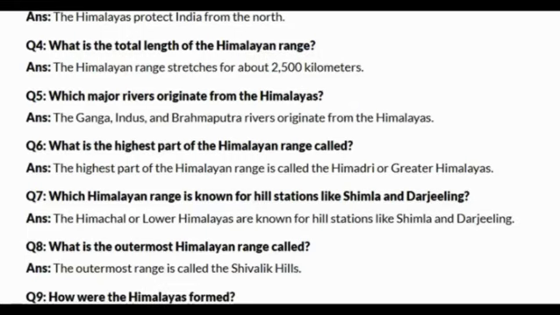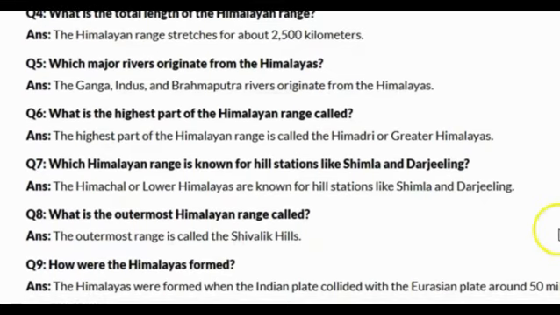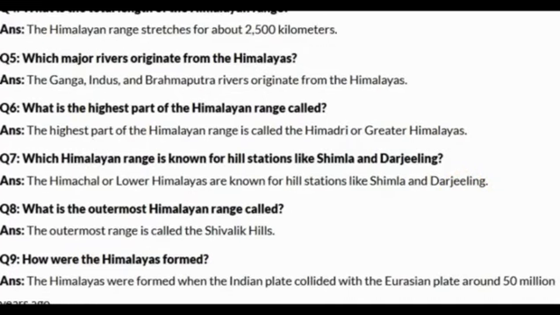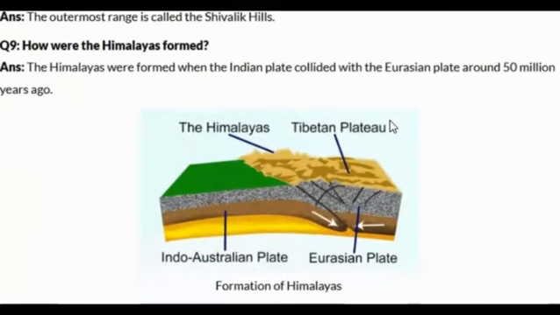How were the Himalayas formed? They were formed when the Indian plate collided with the Eurasian plate around 50 million years ago. Like this. This is the diagram showing the Himalayas and the Tibetan plateau.